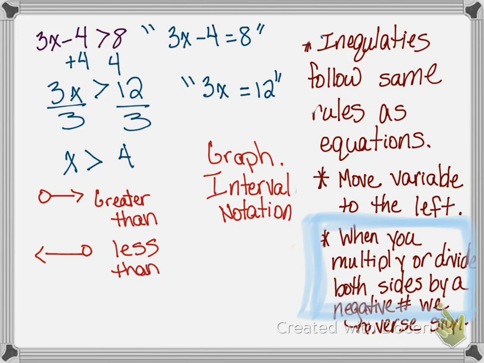What if I have a closed circle and I go to the right? What does that mean? Good. Greater than or equal to. What does a closed circle going to the left mean? Less than or equal to.